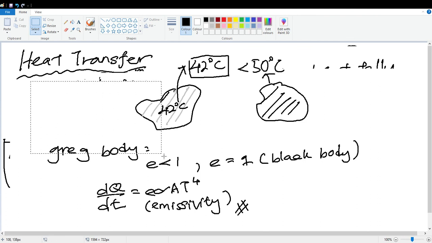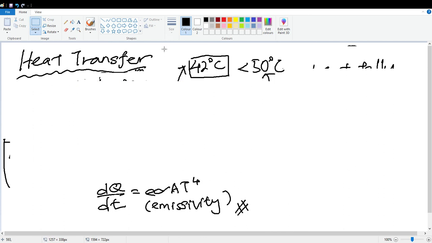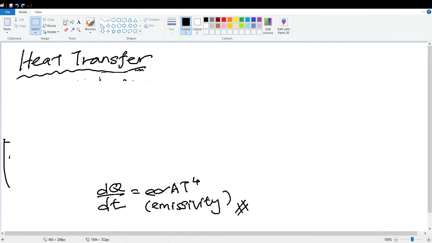Let's just move on to the last part. The last part also relates to this equation. We know that a body will radiate heat energy to the surroundings.